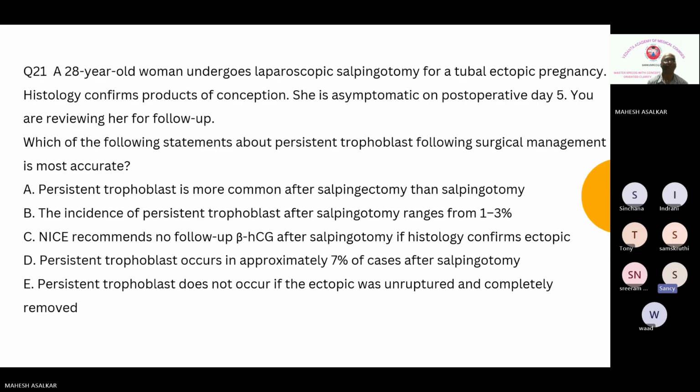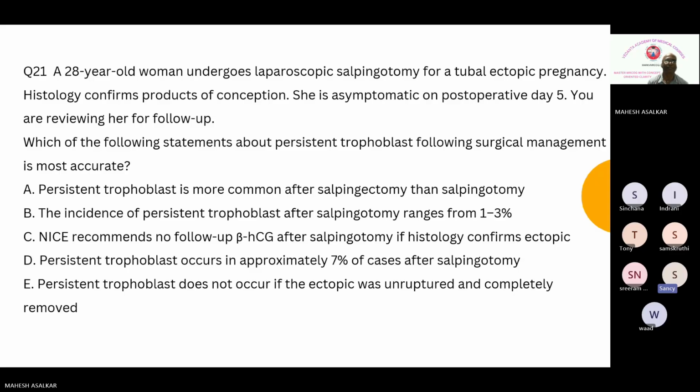Persistent trophoblast is more common after salpingectomy than salpingotomy. Wrong. The incidence of persistent trophoblast after salpingotomy ranges from 1 to 3%. NICE recommends no follow-up beta HCG after salpingotomy if histology confirms ectopic. Wrong. Persistent trophoblast occurs in approximately 7% of cases after salpingotomy.